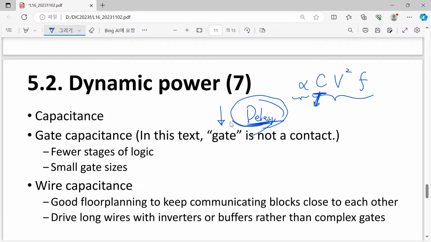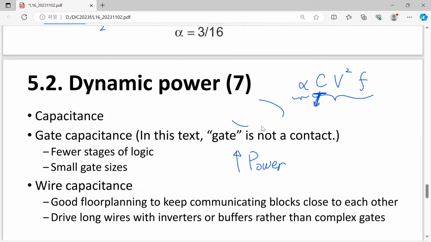But it is not guaranteed that when you optimize your circuit to reduce delay, your power consumption is optimal. In many cases, in order to reduce the delay, you must spend a lot of power. So what we can say is we must now find some balanced approach between delay and power consumption. Okay, so are you all with me? So this is the one.